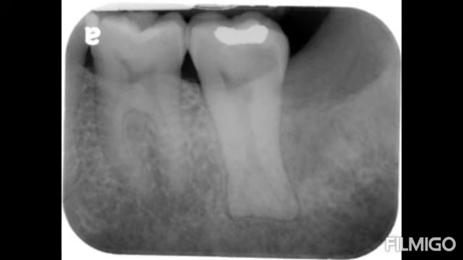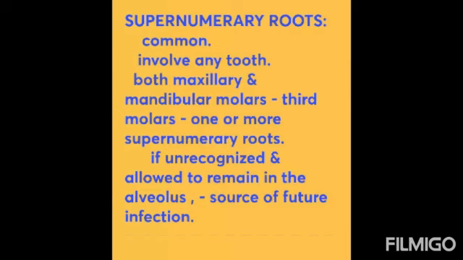Next, moving on to supernumerary roots. Supernumerary roots are not uncommon and may involve any tooth. Teeth that are normally single rooted, particularly the mandibular bicuspid and cuspid, often have two roots.